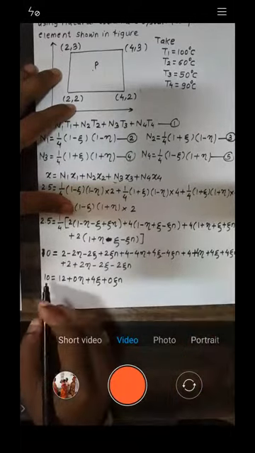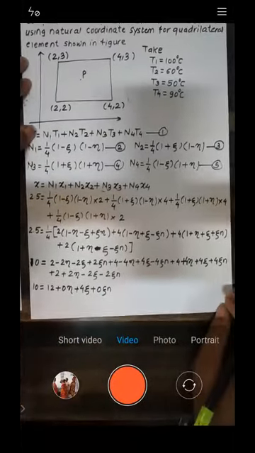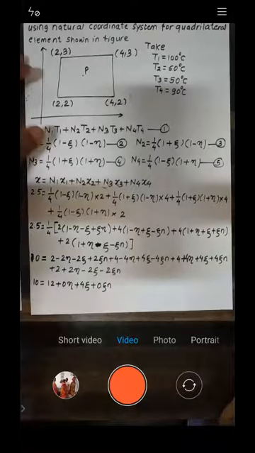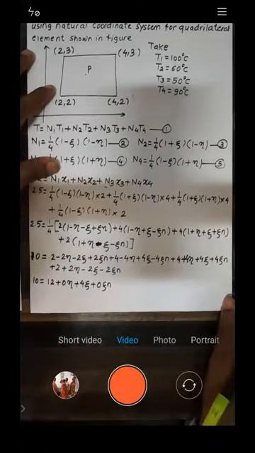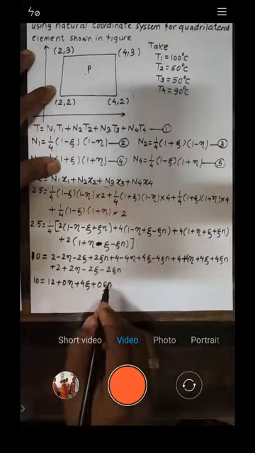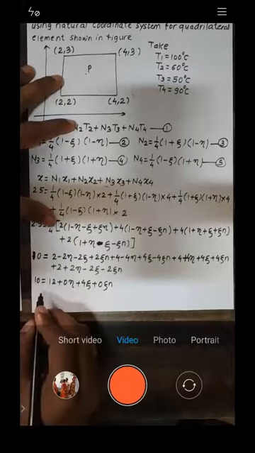Is there any problem? Okay, can we solve it? See, this is already 0. So if you bring this 12 on this side, it becomes minus 2, right?